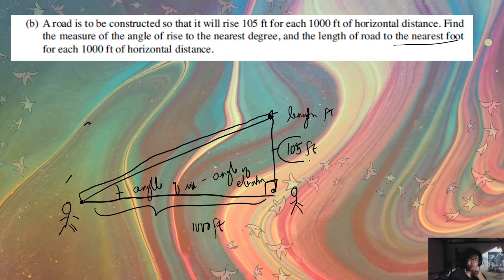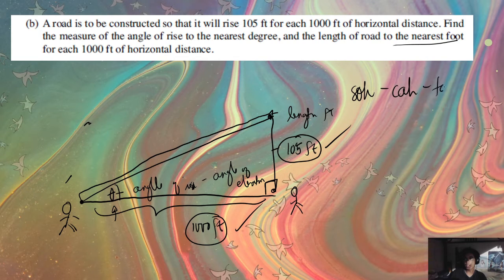Since we're given 105 feet as one of the sides, and another given of 1,000 feet, and this is a reference angle, let's name it theta, the Greek letter theta. Let's pick out of the three trigonometric ratios: SOH, CAH, TOA. Which of these three will we use to solve for the missing side and also the missing angle?